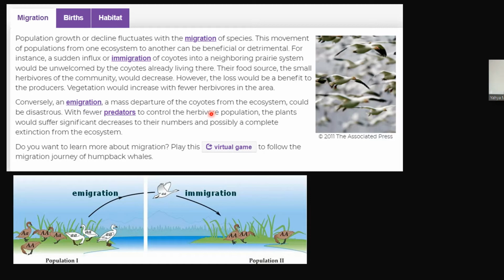But then what would happen? The plants of that area would suddenly start to go down in number because the herbivores will start eating all the plants. Maybe all the grasses, the trees, whatever they're eating will suddenly decrease in population. So basically, there is some kind of balance between the different populations that live in an area.